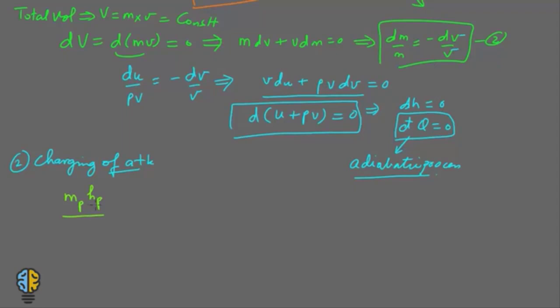So this is the energy in the pipe is equal to the energy in the tank after filling up minus the energy in the tank before filling up. Now if we assume that initially the tank is empty, so m1 would become 0, so this whole quantity would become 0. This would leave us with this quantity mp hp is equal to m2 into h2.